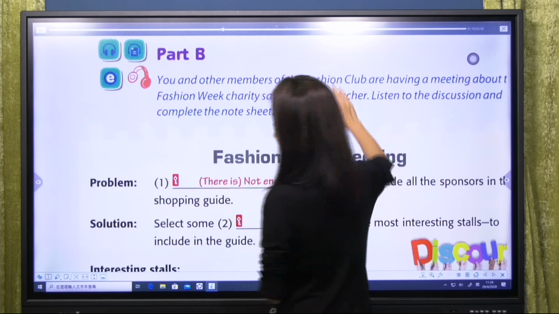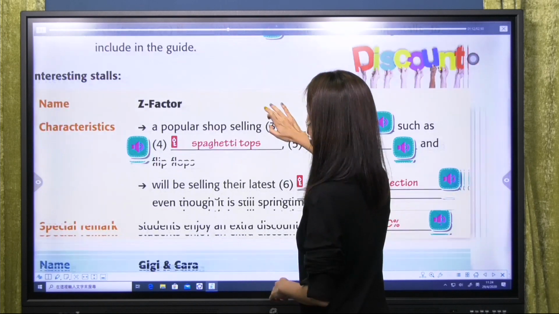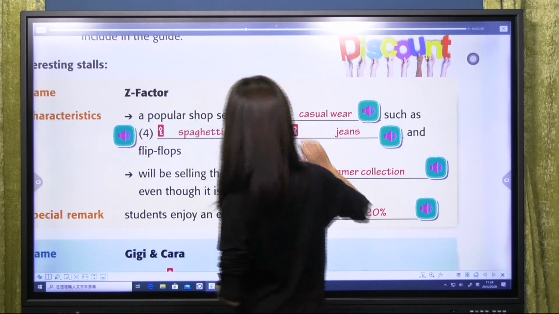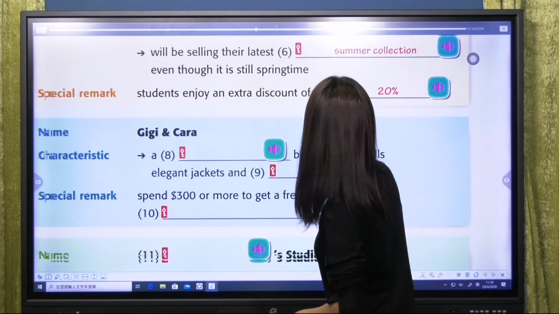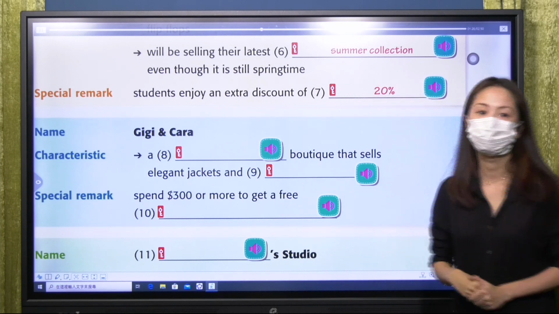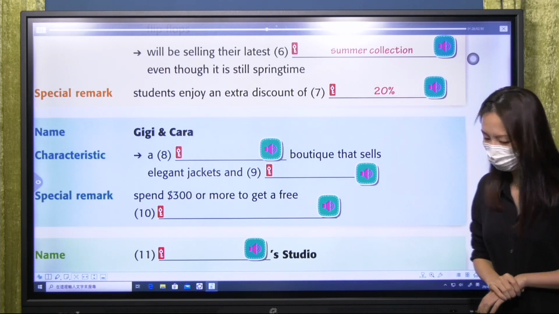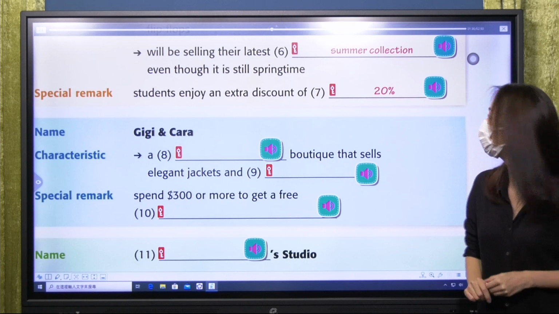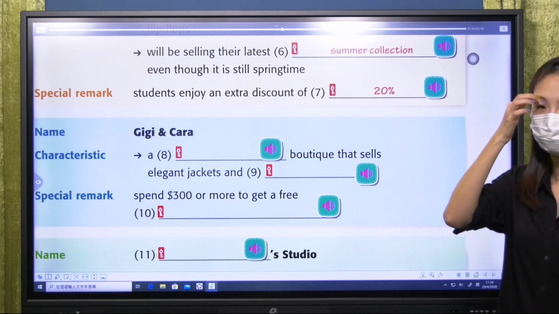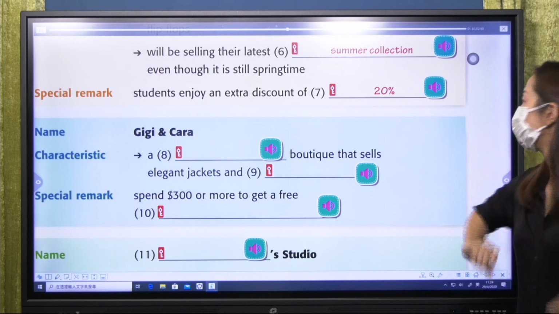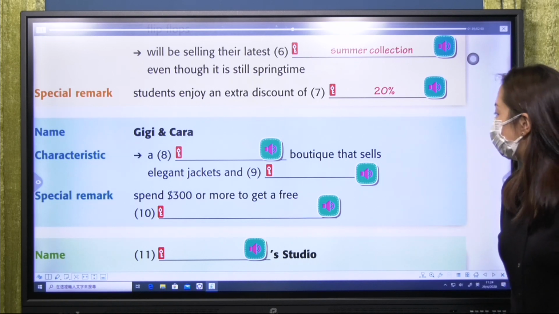It's still springtime now, but they'll bring us an extra 20% discount. 20%? That sounds great. Let's include that. You might want to include Gigi and Cara too. It's a local boutique which sells elegant jackets and blouses.